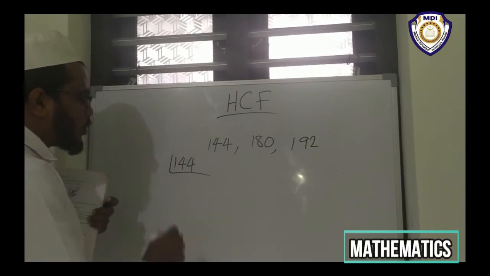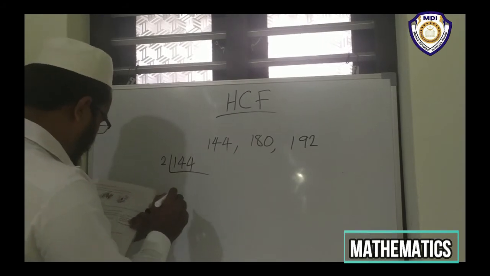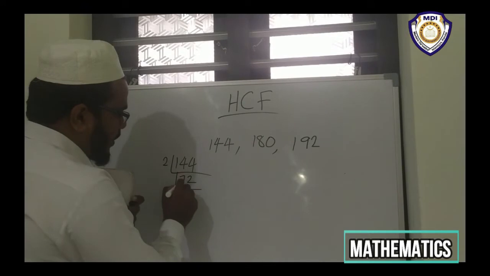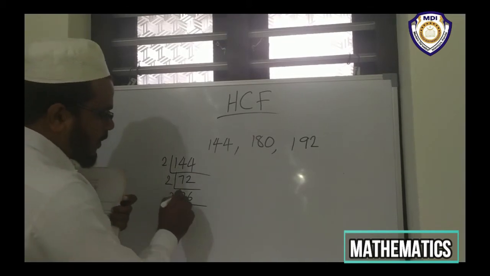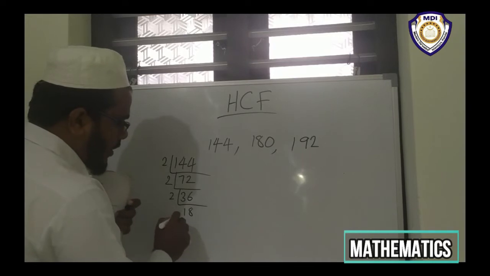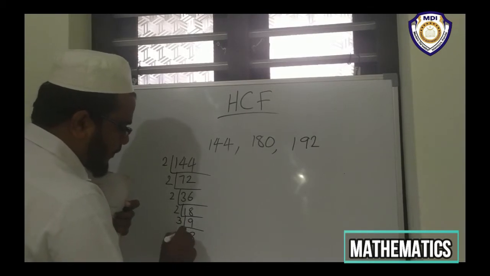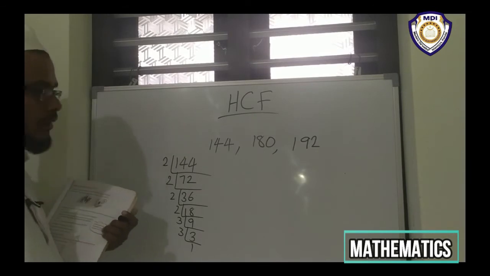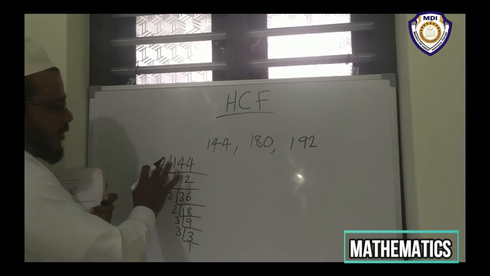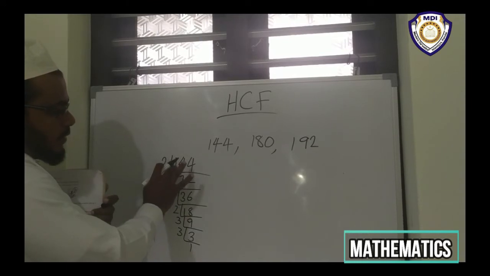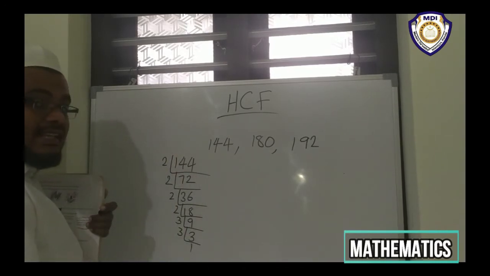Prime factorization of 144. First we divide 144 by 2; 2 is the divisor, 144 is the dividend.